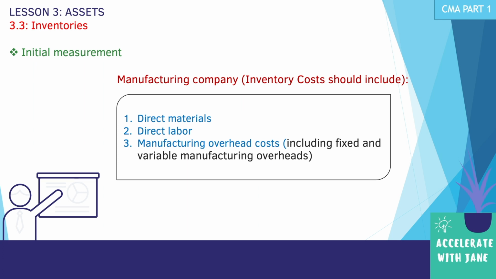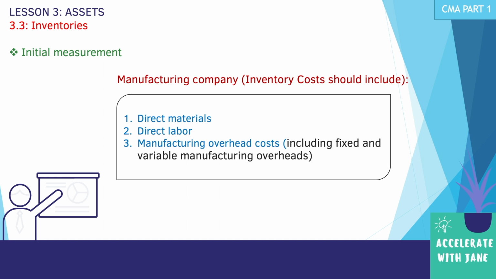So for example, number one, they will need direct materials. These include raw materials and supplies. For example, if a company is processing a car, before we have the finished product, there are many items there, for example the engine and other parts.